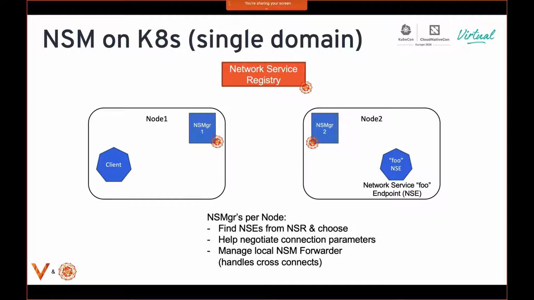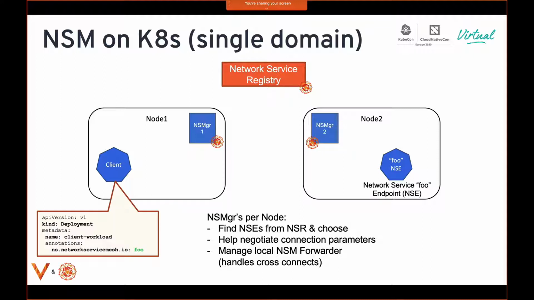And a domain, the NSM Kubernetes domain, has a network service manager on each node, so it's able to coordinate connectivity between nodes, between clients on one node and endpoints on other nodes.